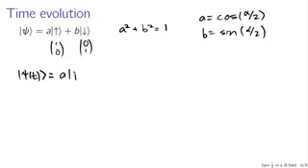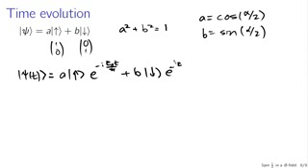I'll write this as a up arrow times e to the minus i E up t over h bar, plus b times down e to the minus i E down t over h bar. This is the same sort of time evolution expression we've been working with for a while now.